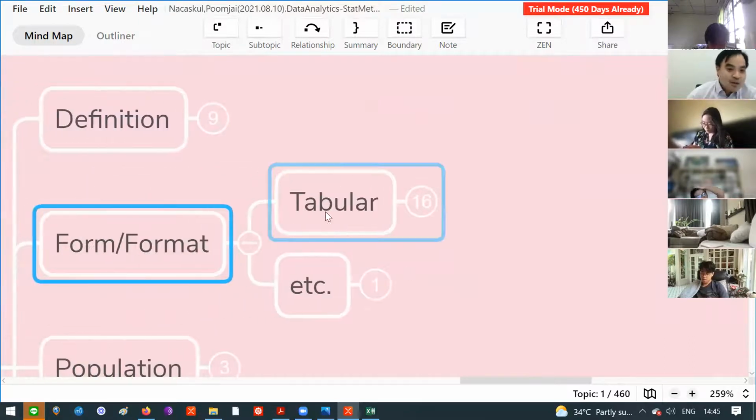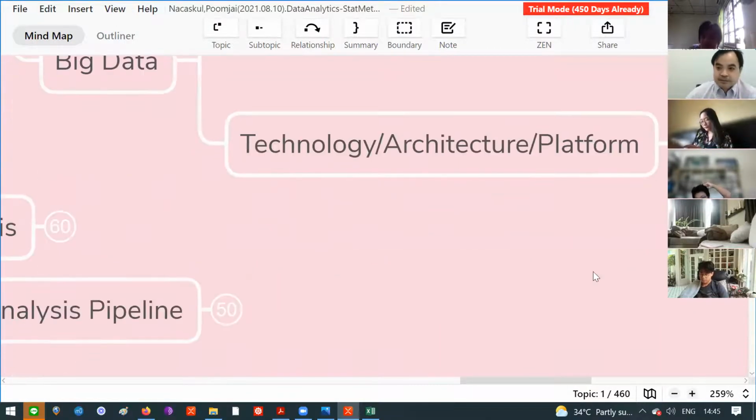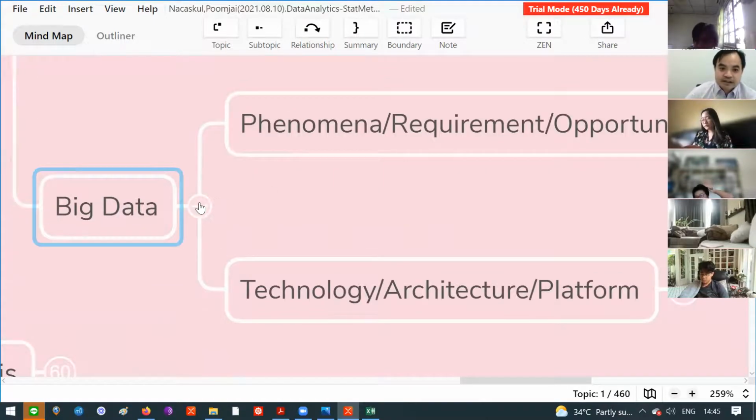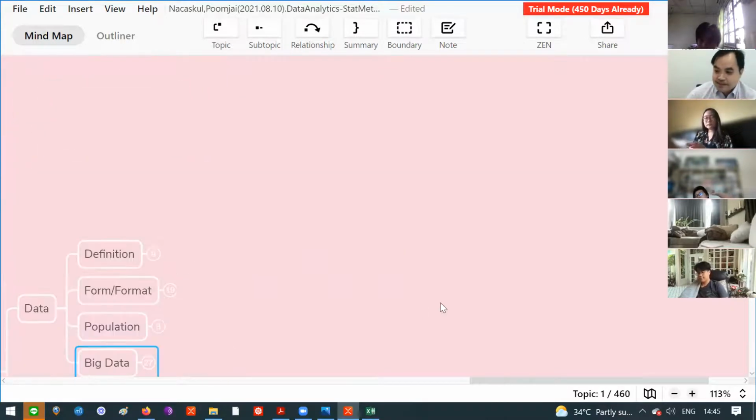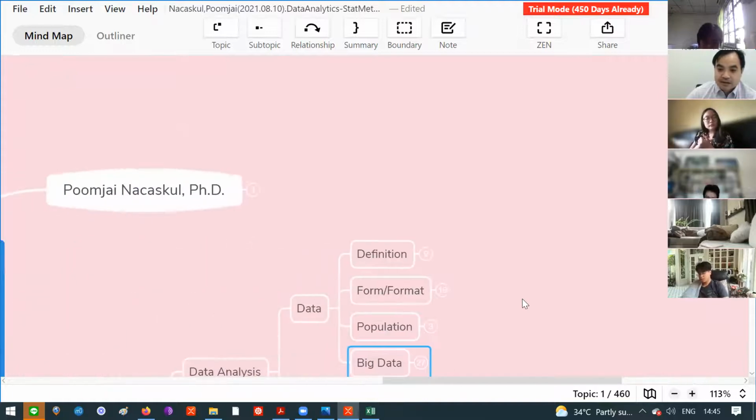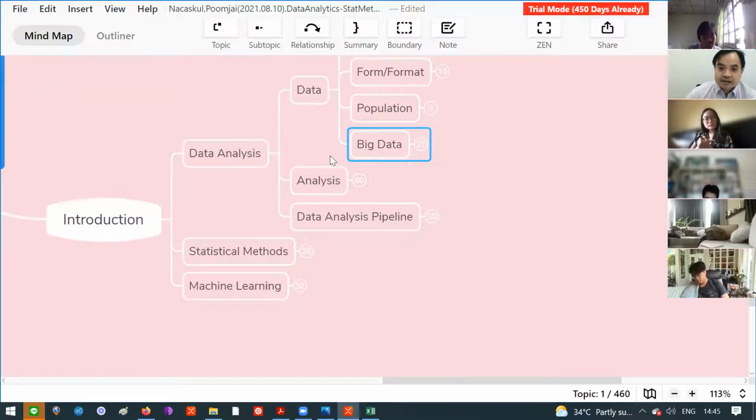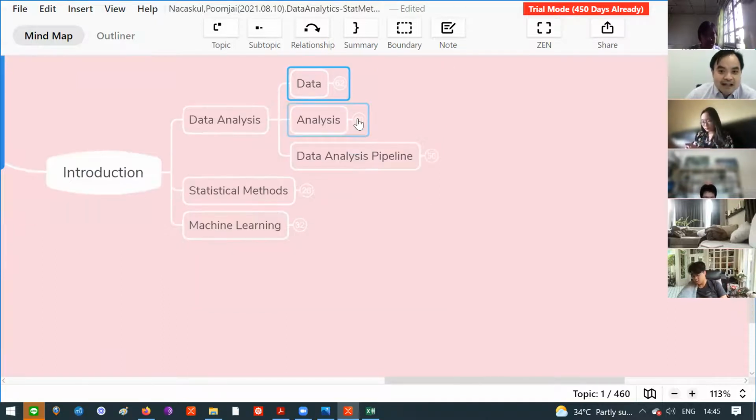Why? Because we've been recording numerical data forever. So that's big data. That's what we mean by data.